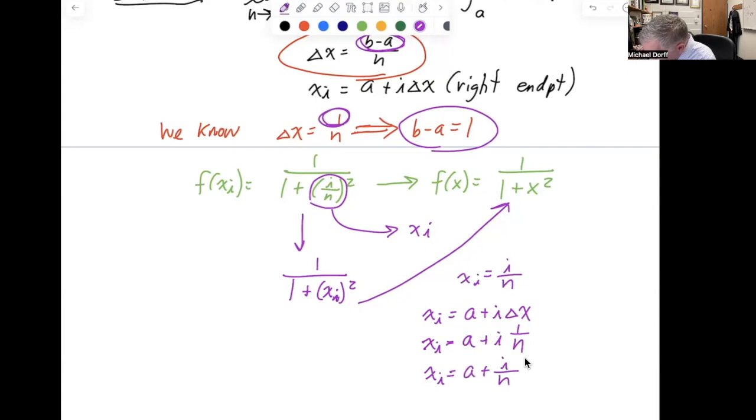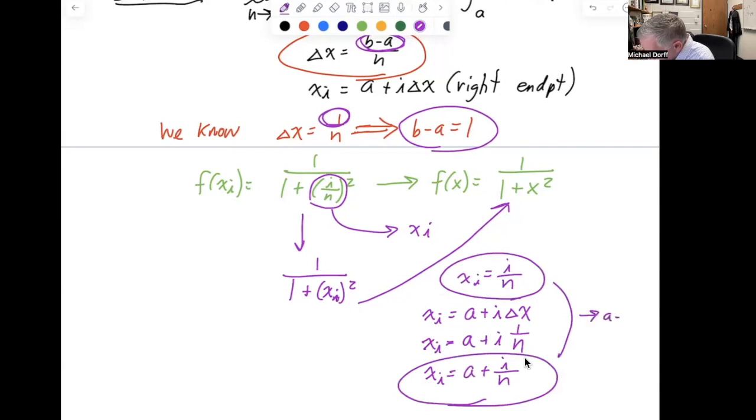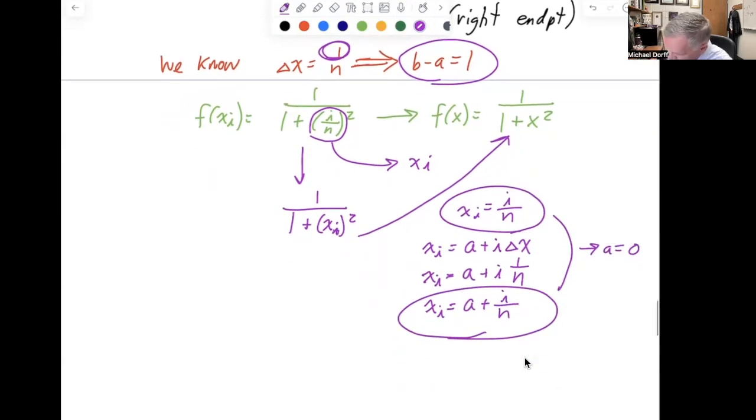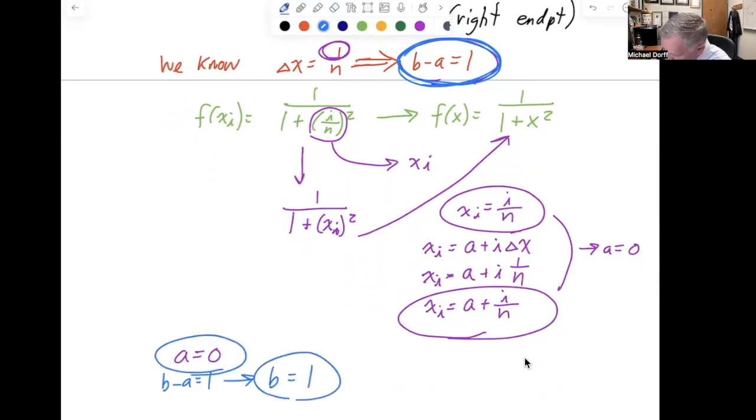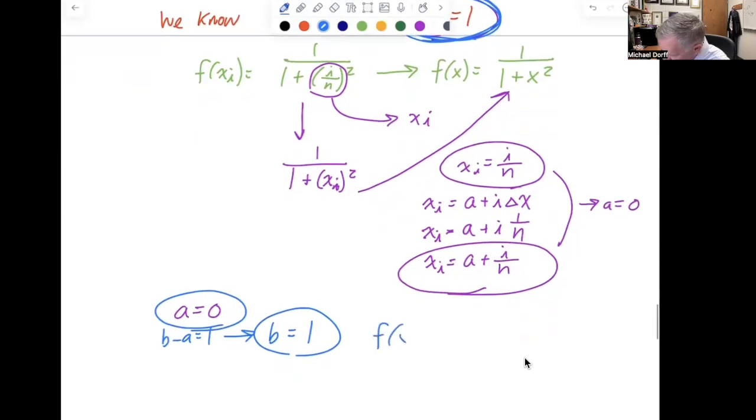But we said x sub i equals i over n. So if these two are the same, this means a has to equal 0. So that then gives me a bunch of things. a equals 0. Then we know from up here in blue that b minus a equals 1. So that means b has to equal 1. So I have b equals 1, a equals 0, and f of x is 1 over 1 plus x squared.